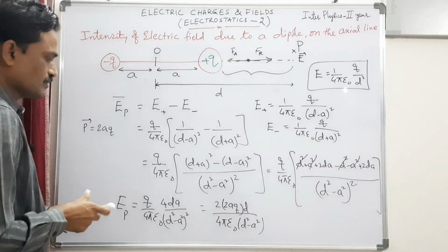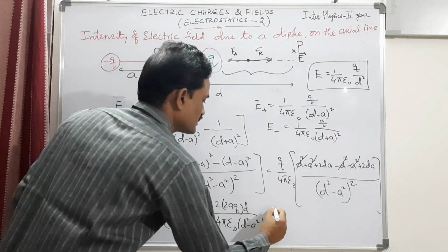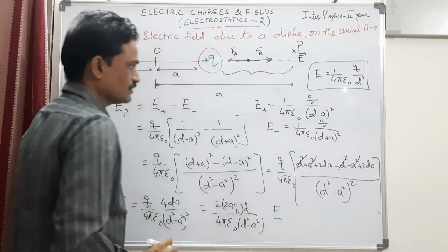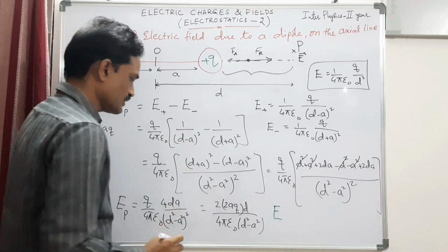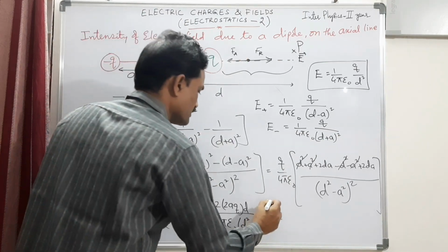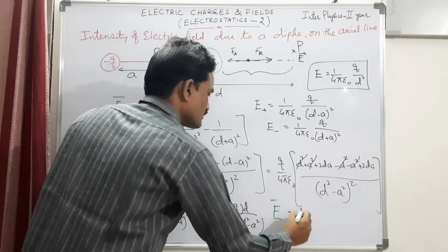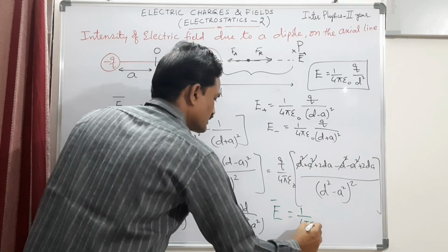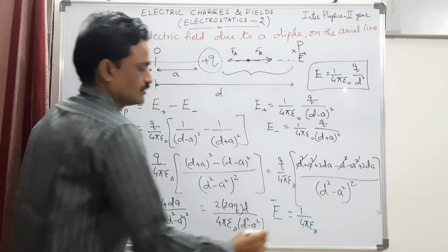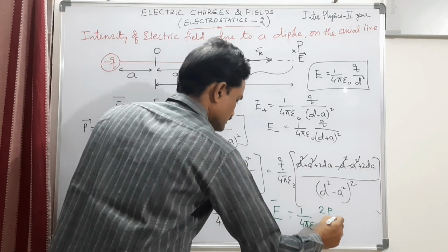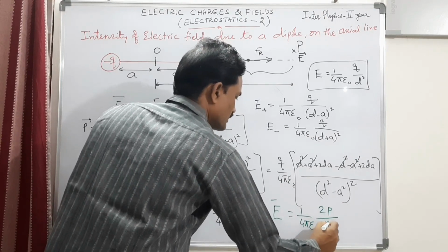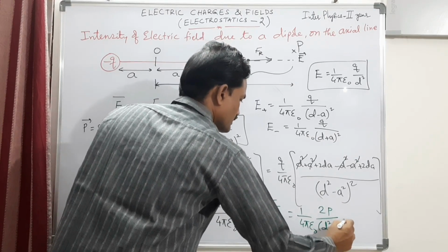So 2AQ is called P. So the intensity of electric field due to the dipole on the axial line at a point P is given by E is equal to 1 by 4 pi epsilon naught, 2pd by (d square minus A square) whole square. This is the formula.